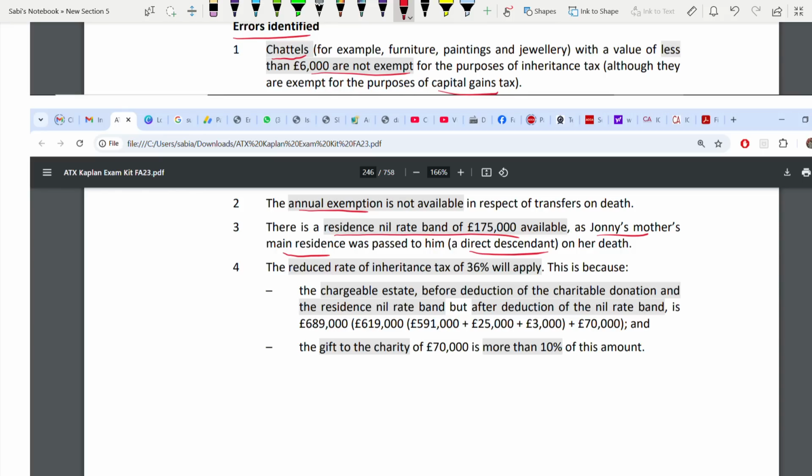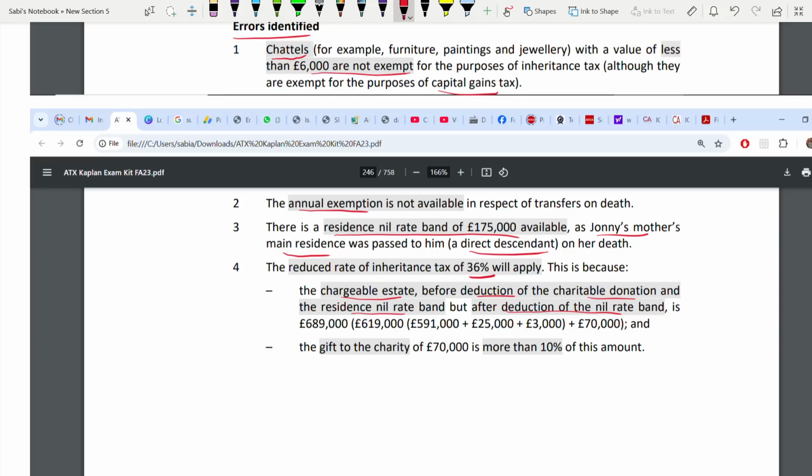Next, tax rate of 40% is incorrect. 36% will apply. Why? You have left some to charity. We'll see how. The base amount: you have to calculate the chargeable estate before deducting charitable donation and residence nil rate band, but after deducting nil rate band.